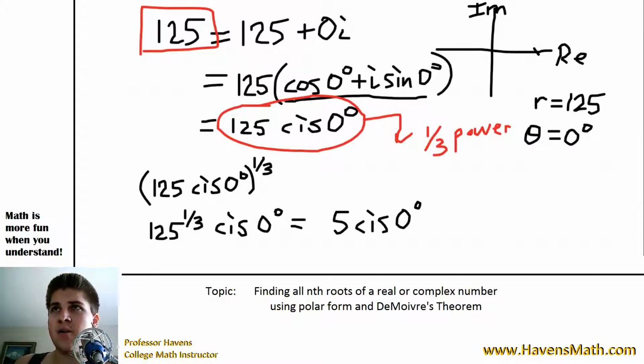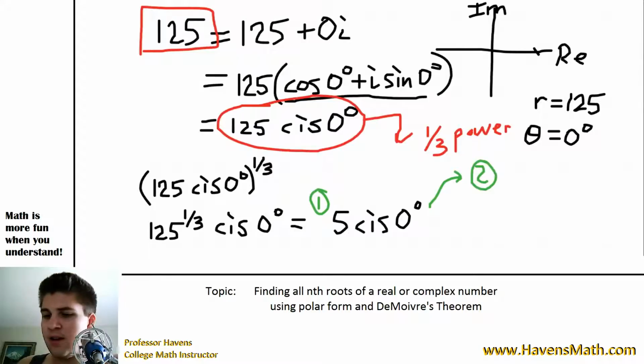So anyways, this is our first root right here. And if we want to find the other 2, we take the first one and we repeatedly add 360 over n. So add 360 over 3 because we're finding the 3 third roots. So we're adding 360 divided by 3, or 120. If we add 120 to the argument, that would be 5 CIS 120.